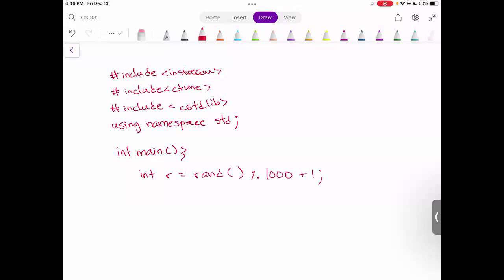And then they want to tell us how many numbers we generated, so we should have a count. We set it equal to 1 because it's automatically going to be our first count.